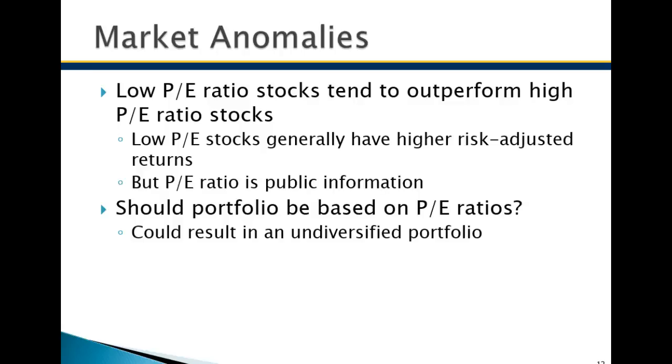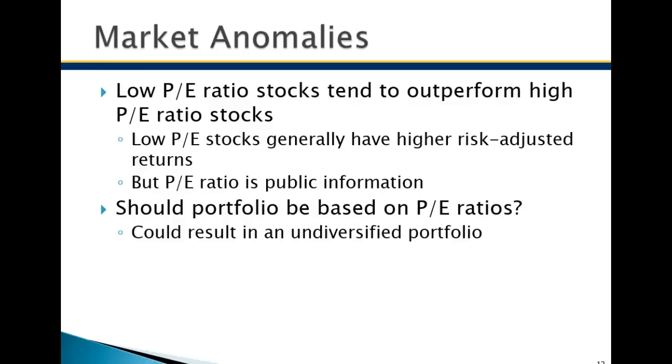Another anomaly is the PE ratio. When analysts look at PE ratios, if everything's efficient, the stock's PE is what the PE should be for the stock. However, when analysts have put together research on low PE stocks, stocks that have PEs lower than the market average, they generally outperform and have higher risk-adjusted returns than average or high PE stocks.